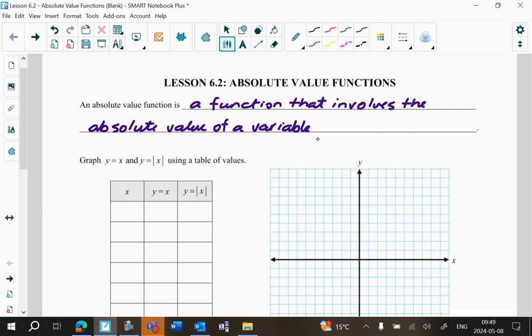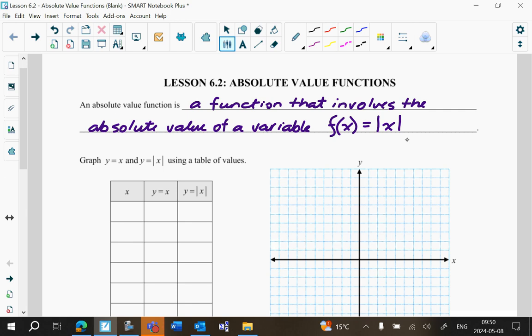The most basic one would be f of x. Remember, that just means the same as y, but it represents that it's a function, equals the absolute value of x. That's the most basic one.